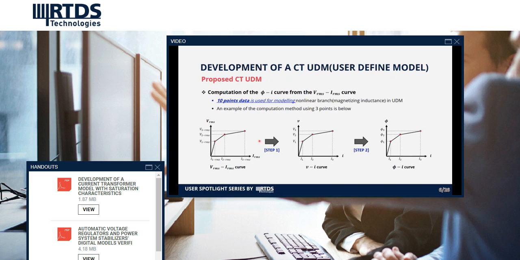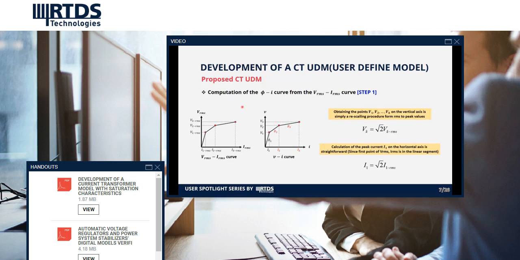In step 1, Vrms-Irms data is converted to peak values for voltage and current, and in step 2, peak values of voltage are converted to peak values for flux.